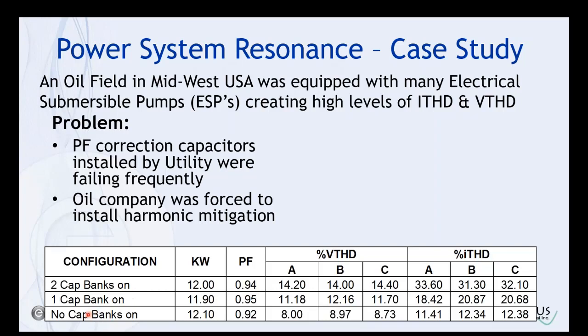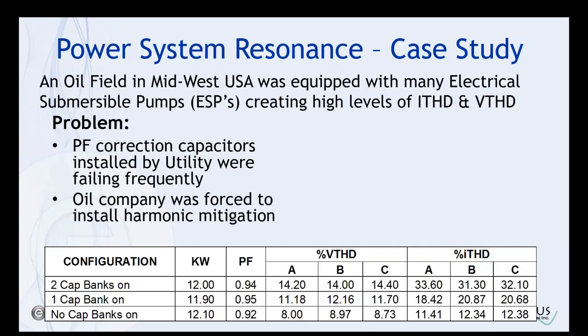When they went to no cap banks, the current distortion and the voltage distortion dropped further. So these power factor correction capacitors were creating a resonance condition. The harmonics were present on the power system because of the electrical submersible pumps, which were variable speed drives, and the resonance was causing an increase in current distortion and in voltage distortion.